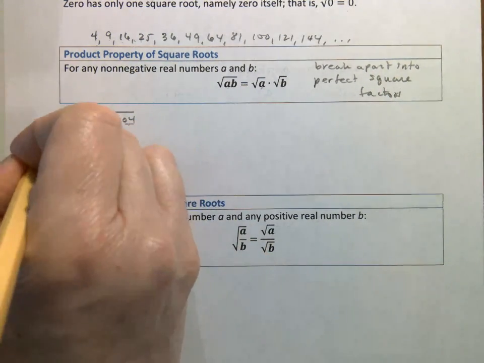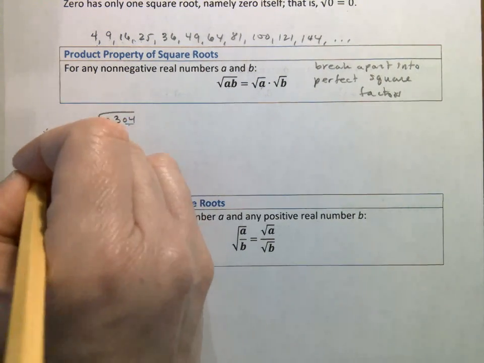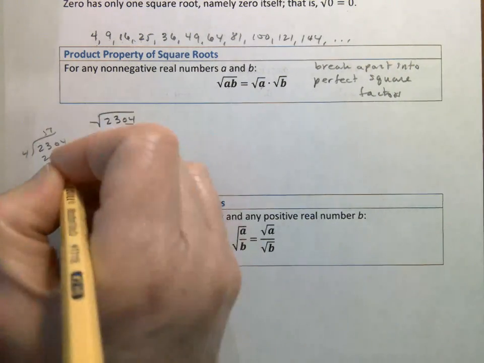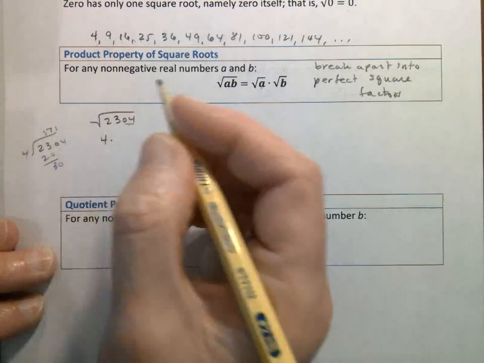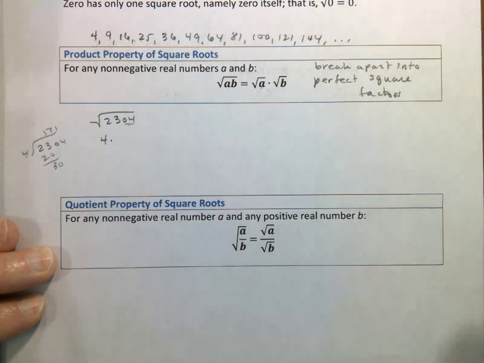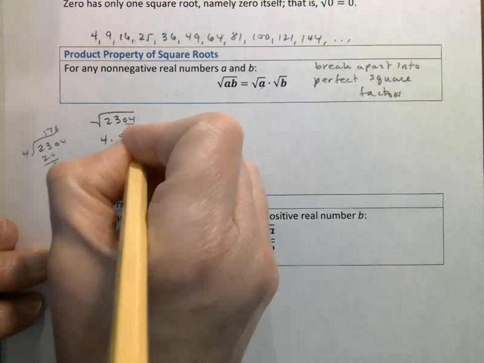I have 2304, and I'm going to divide that by 4. That's 576.